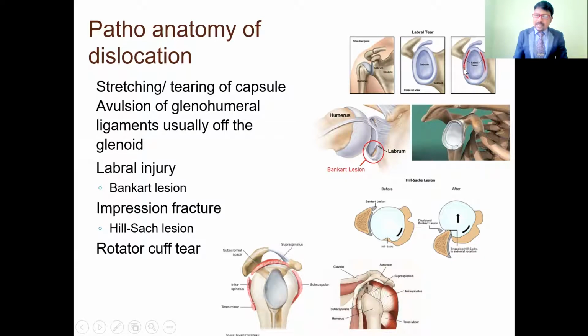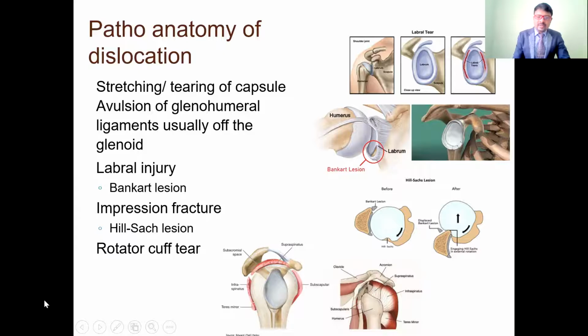If there is any damage or tear in the labrum, it cannot give stability to the shoulder joint, and there is a chance of shoulder dislocation. Also, there are impression fractures such as Hill-Sachs lesions, where small fractures may happen in the head of the humerus, which may lead to dislocations.